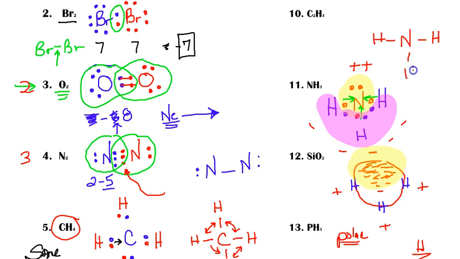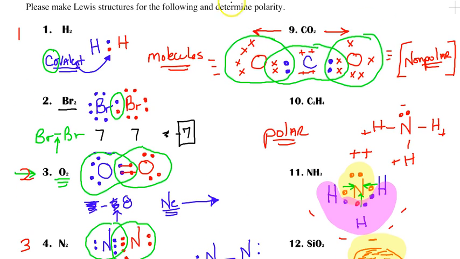It's not the same all the way around. If it's not the same all the way around, there's going to be an unequal distribution of electrons, and therefore it's polar. So because NH3 is not symmetrical, it has to be polar, meaning it has to have negative ends and positive ends. If you don't know which one it is right now, that's okay. So if we go to number 10, let's clean up some stuff here.